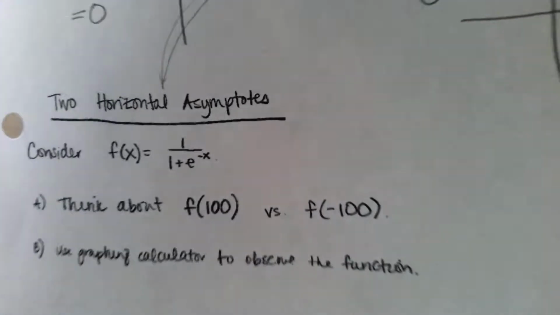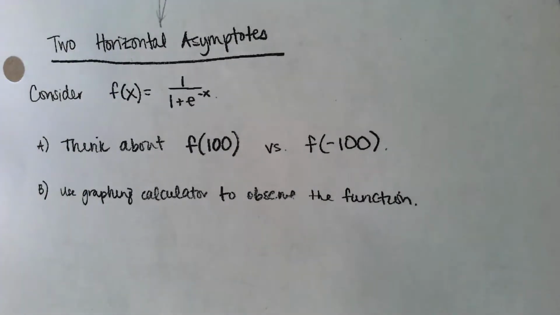There are so many types of functions out there that are not cut and dry in a certain category, like this one. So if we consider this function, which is a combo of a rational and an exponential, I first thought, think about f of 100, and that would kind of mimic f of infinity, or at least get you in the numerical ballpark.